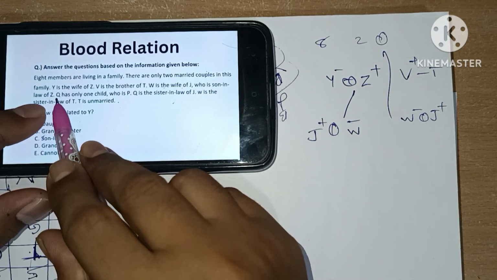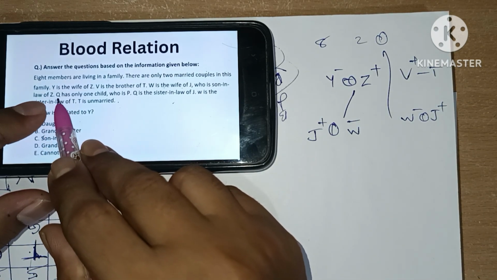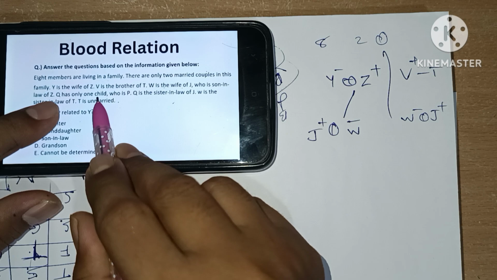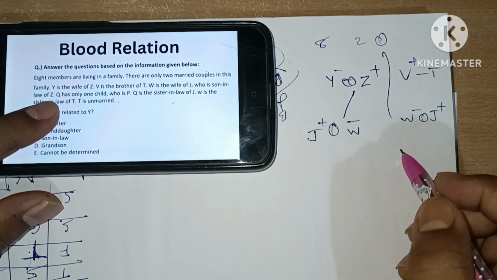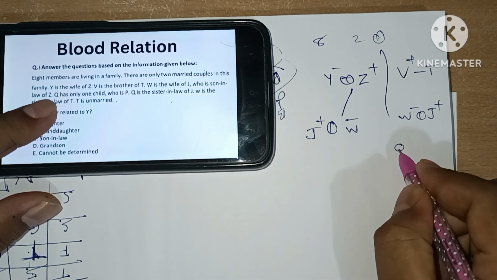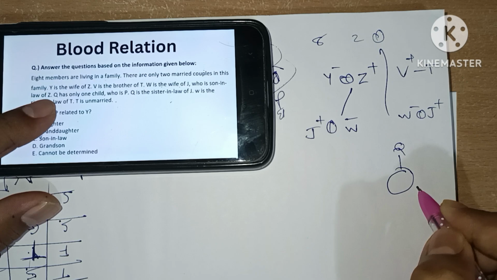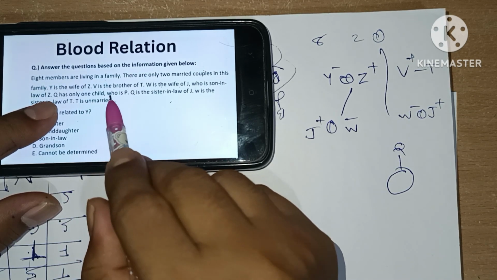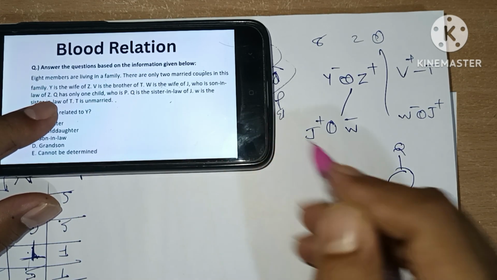Next one. Only Q has only one child. We don't have any Q. Q has only one child. That child is P. Okay.